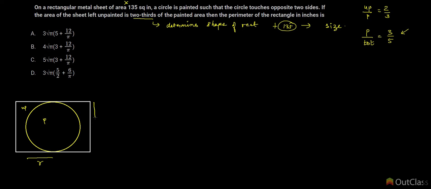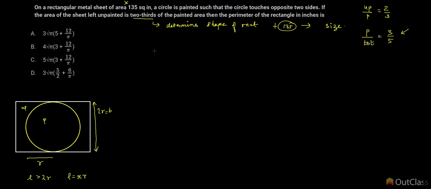So basically the breadth is 2r and the length is greater than 2r, because only touching two opposite sides, not touching the other two sides. So that dimension is longer than the diameter of 2r. I'm going to take it as xr and find x, at which point I will have the ratio of length and breadth. That's the first step.